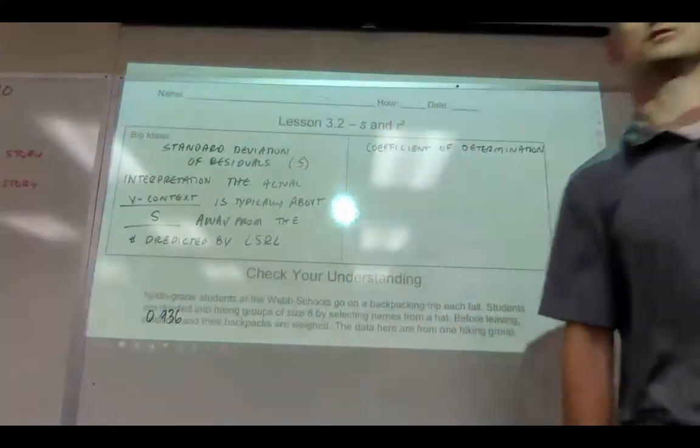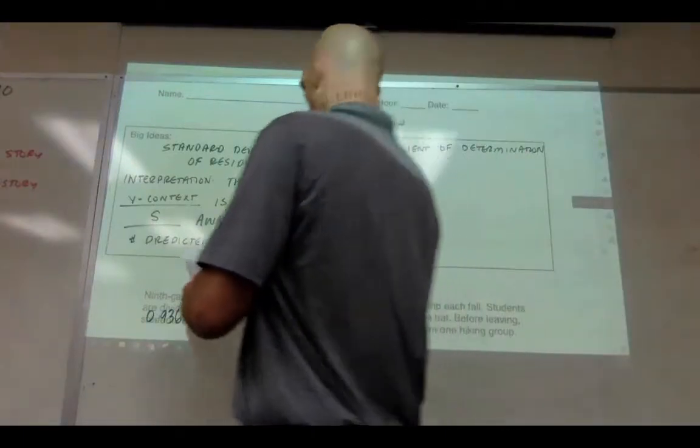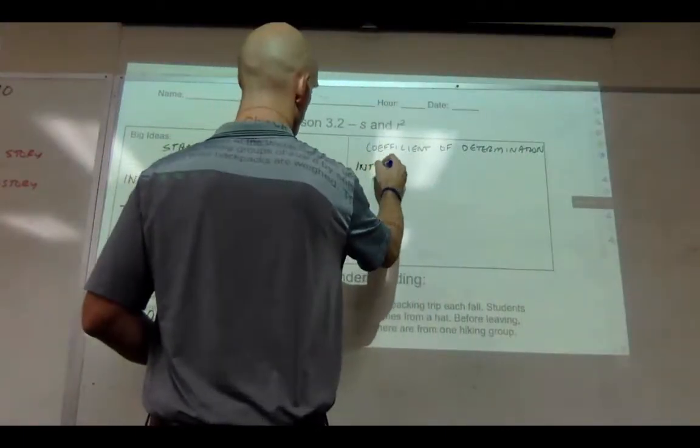Coefficient of determination. Okay, so we're going to talk about the R squared value here. So here's our interpretation.